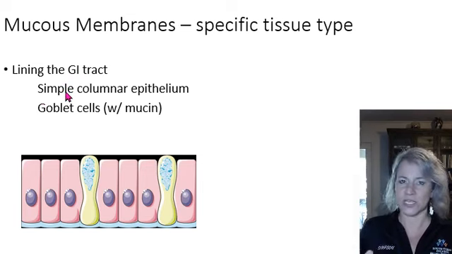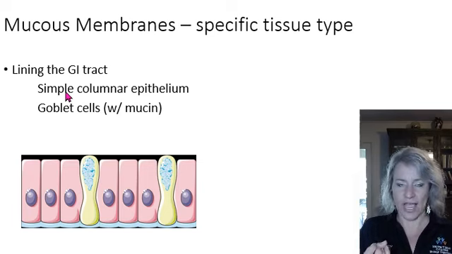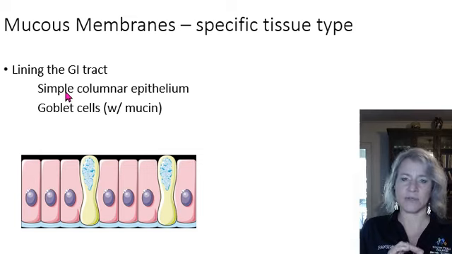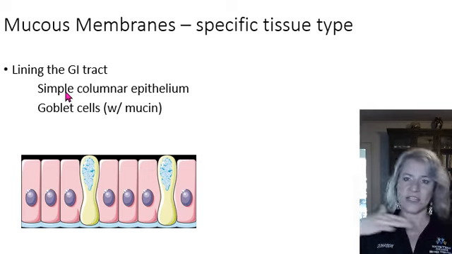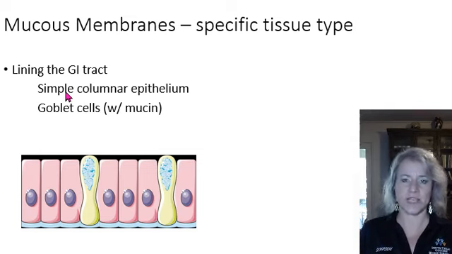You're secreting mucus, which traps bacteria, it suffocates them, it traps viruses and harmful agents, and everything is secreting the mucus, and that lubricates and keeps everything moist and prevents desiccation.